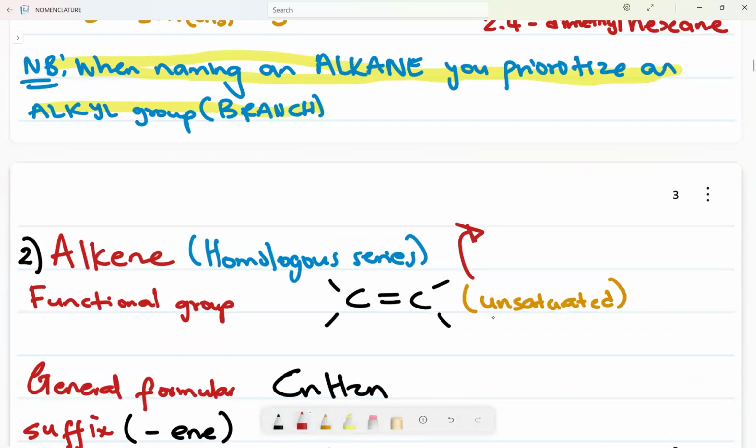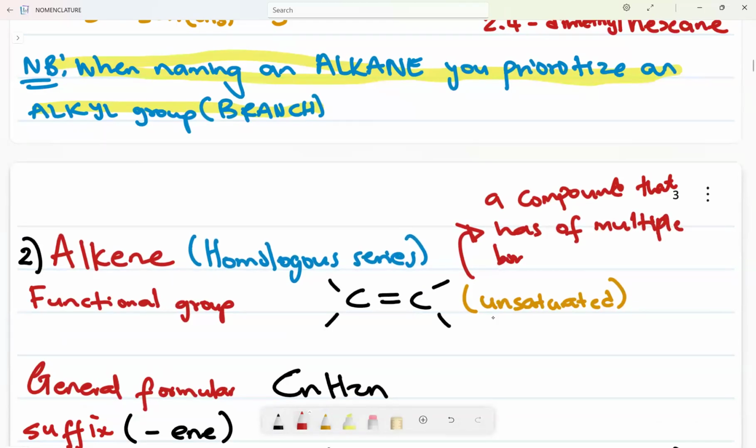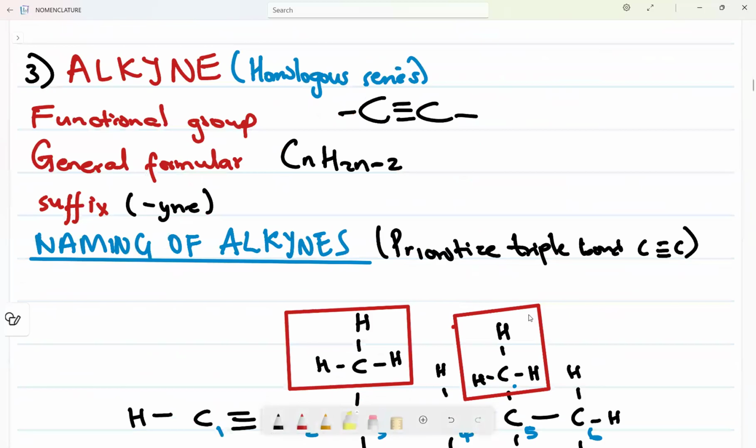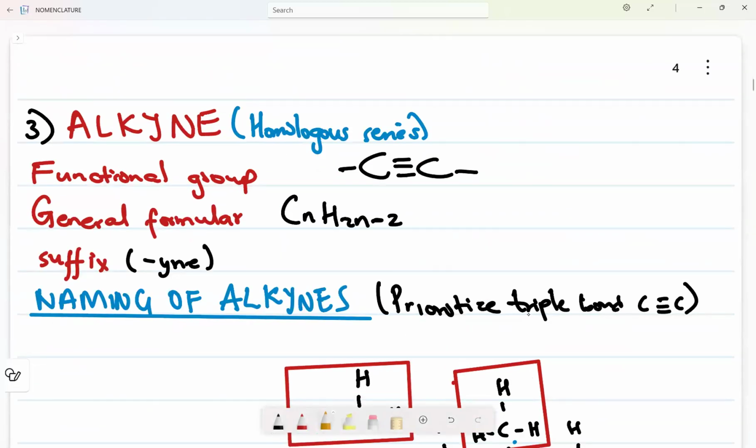But for this one, we'll say the definition is: a compound that has or consists of multiple bonds between carbon atoms. If you do not want to say multiple bonds, you can say it consists of 2 or more bonds. Okay. Similarly, if I come here and say this one, will it be saturated or unsaturated? Unsaturated.